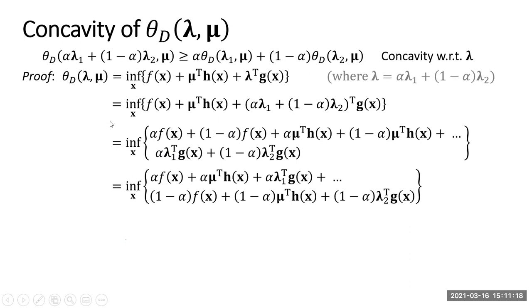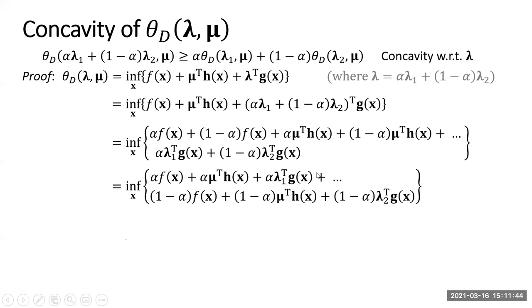So this is equal to, we're still looking at theta d of lambda, mu, infimum with respect to x of alpha f of x plus alpha mu transpose h of x plus alpha lambda 1 transpose g of x plus 1 minus alpha f of x plus 1 minus alpha mu transpose h of x plus 1 minus alpha lambda 2 transpose g of x.